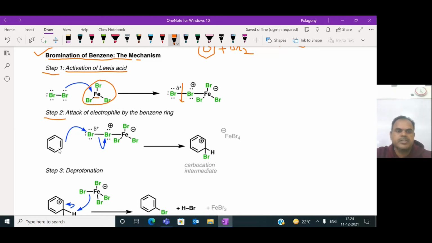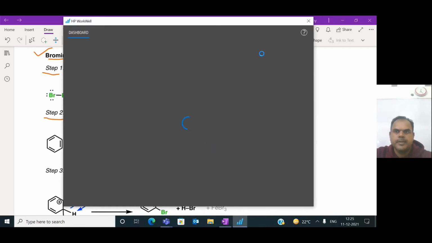Since the benzene ring consists of pi electrons, the bromine plus ion attacks these benzene pi electrons. So the pi electrons are given to this bromine, and this Br becomes negative.